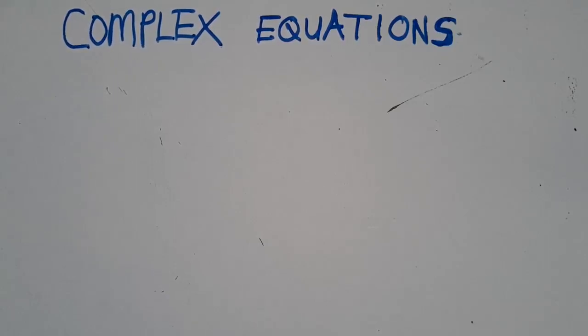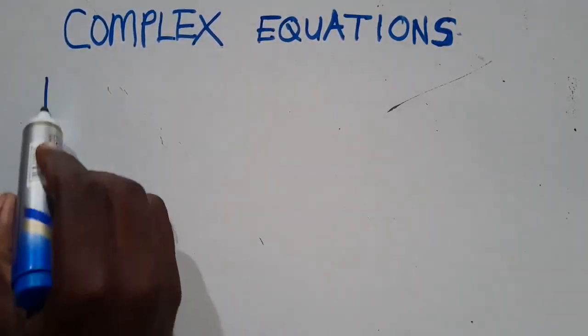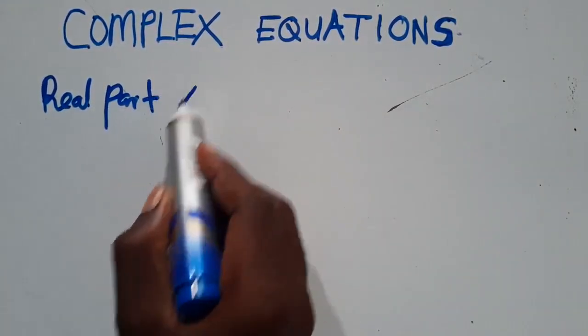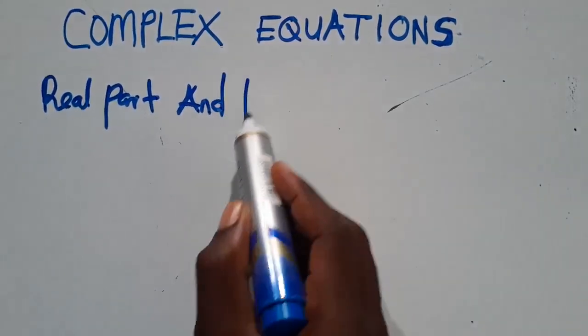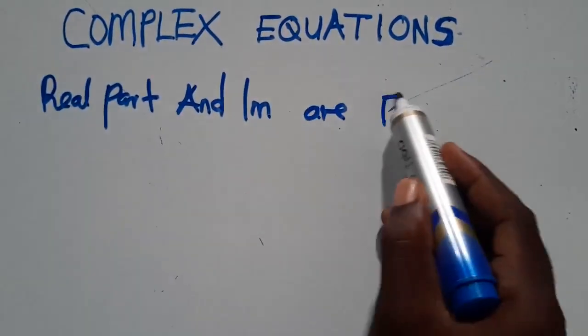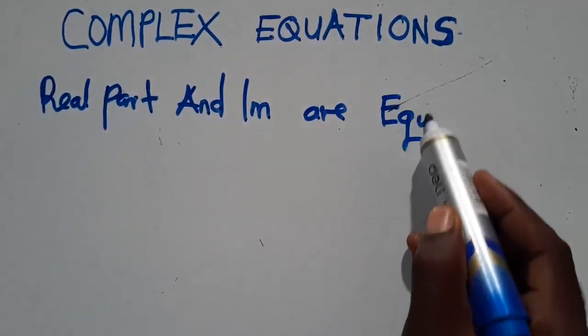This is our lesson 2 under complex numbers, and we'll start by looking at complex equations. What you need to understand about complex equations is that if two complex numbers are equal, it means that the real part and the imaginary part are equal.